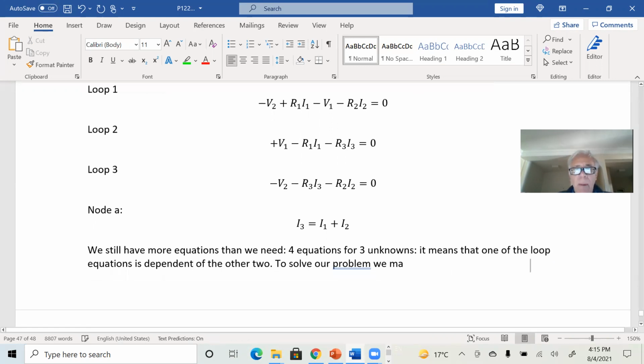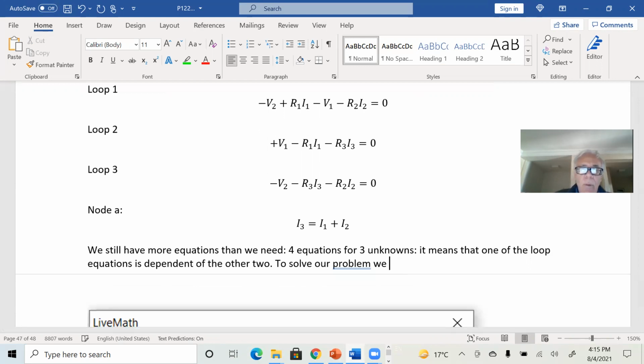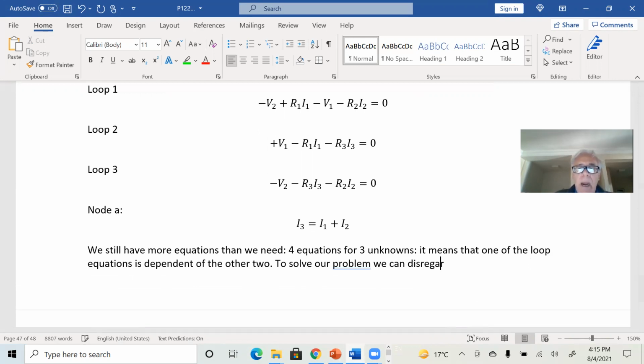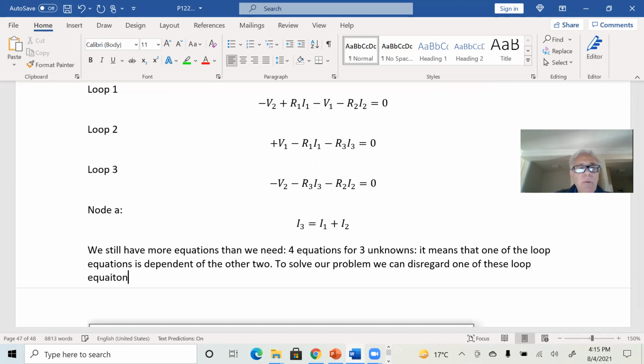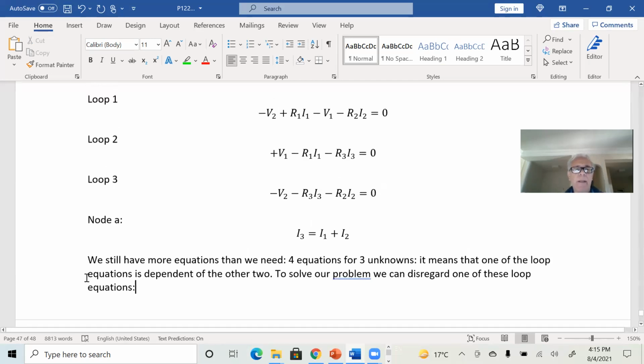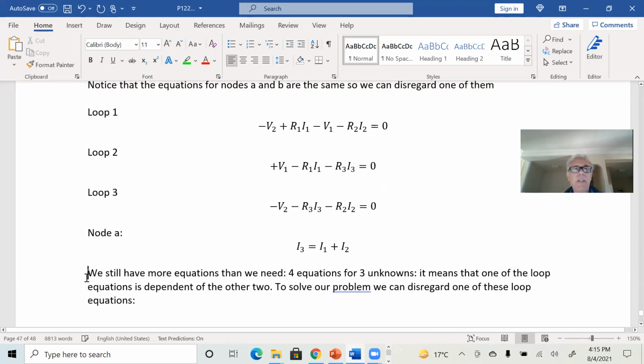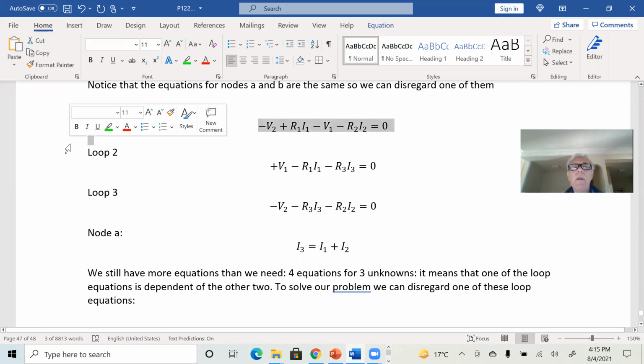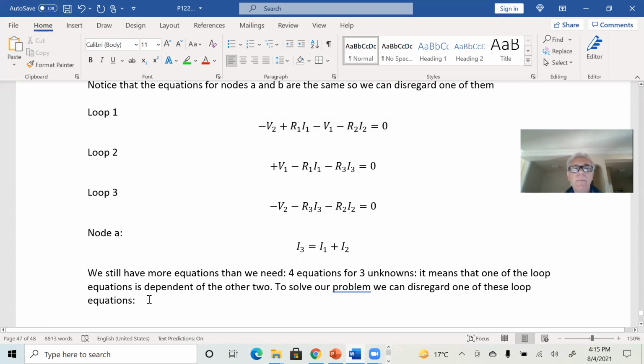So to solve our problem, we can disregard one of these loop equations. It doesn't matter which one we disregard. Preferably, you disregard the most complicated one, the one that has the larger number of elements, so it makes it easier for you to solve the problem.